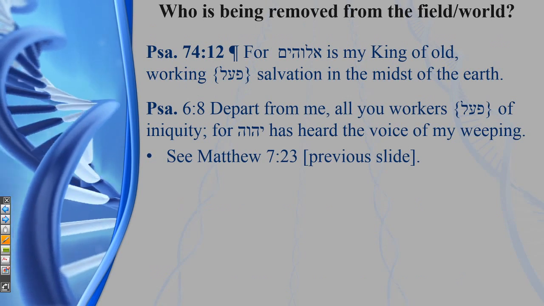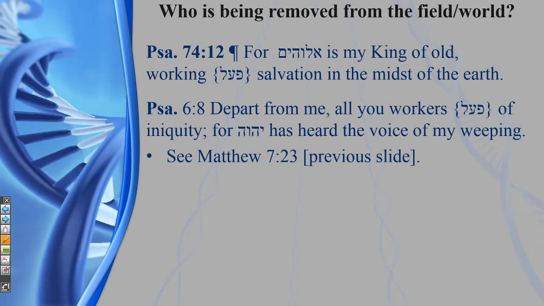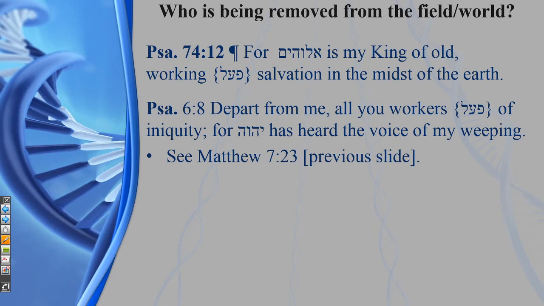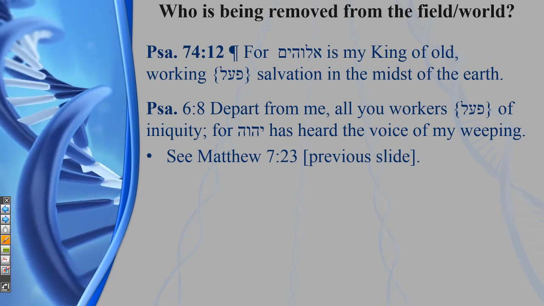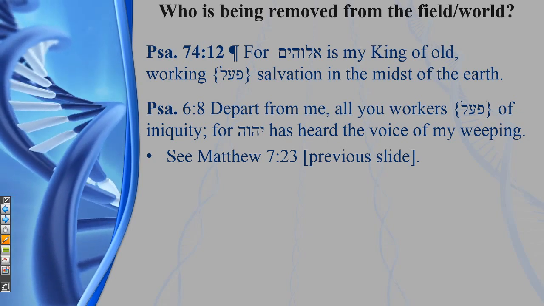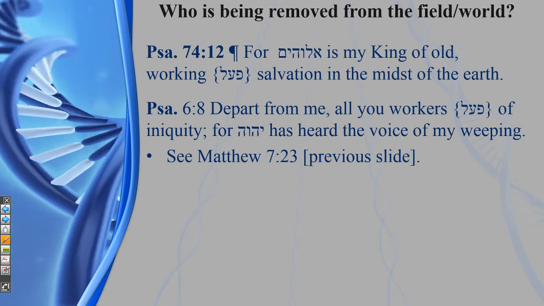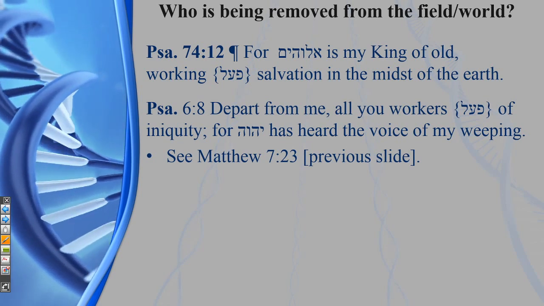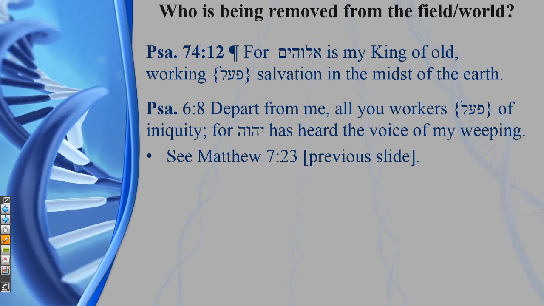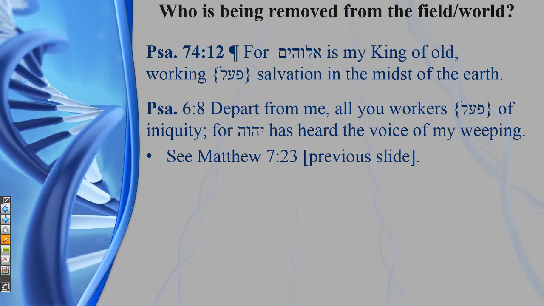Psalm 74:12 says, and Elohim is my king of old, working for all salvation in the midst where? He's working in the midst of the earth. Okay? Psalm 6:8 says, "Depart from me, all you workers of iniquity, for you has heard the voice of my weeping." And we just read that in the Brit Kadashah, right?